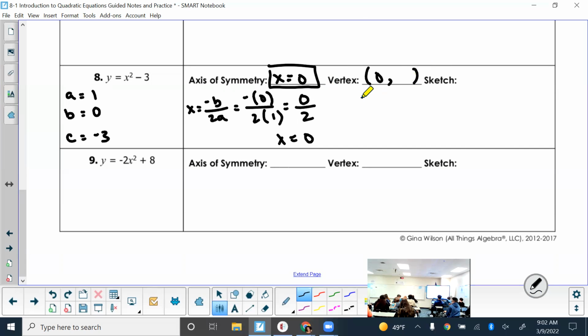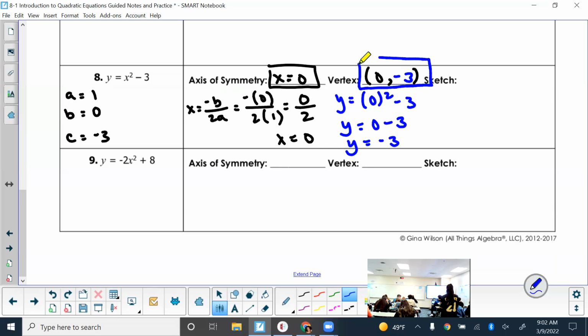So plug it into your given equation. y equals 0 squared minus 3. So plugging it in for x and solving for y. We can use a calculator, but I don't think we really need to. What's 0 squared? And then what's 0 minus 3? Good. Feel free to use a calculator if you want. That's our vertex. Questions about 8?